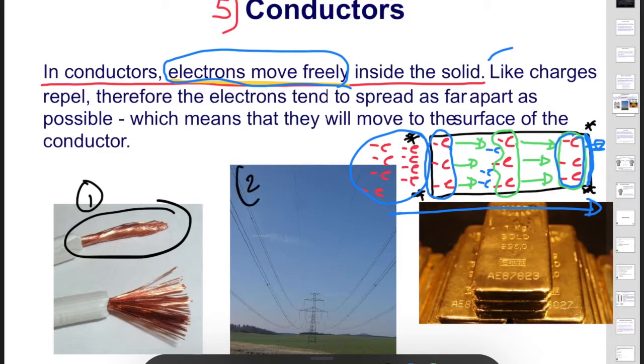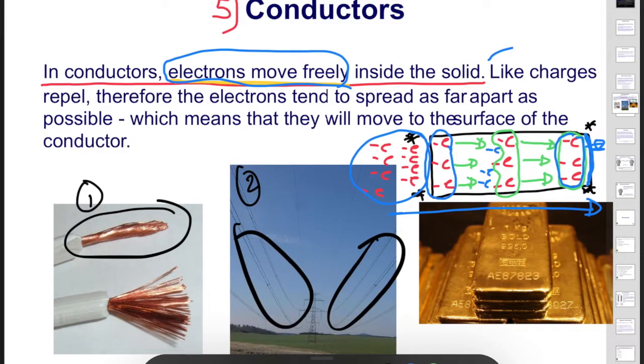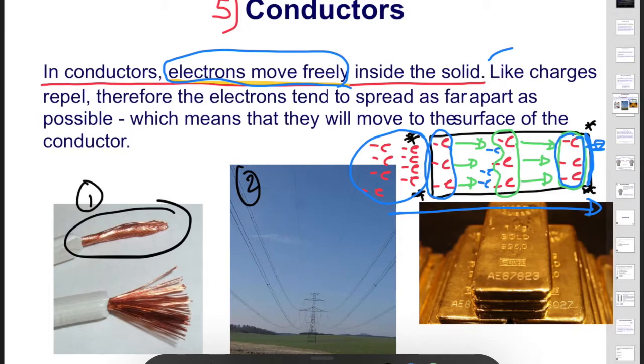Then in the second example right here, we have these wires. These wires that we have right here, guys, these are the wires that we use to move the electricity from the electric plant to your house or our school or, come on, every single place.